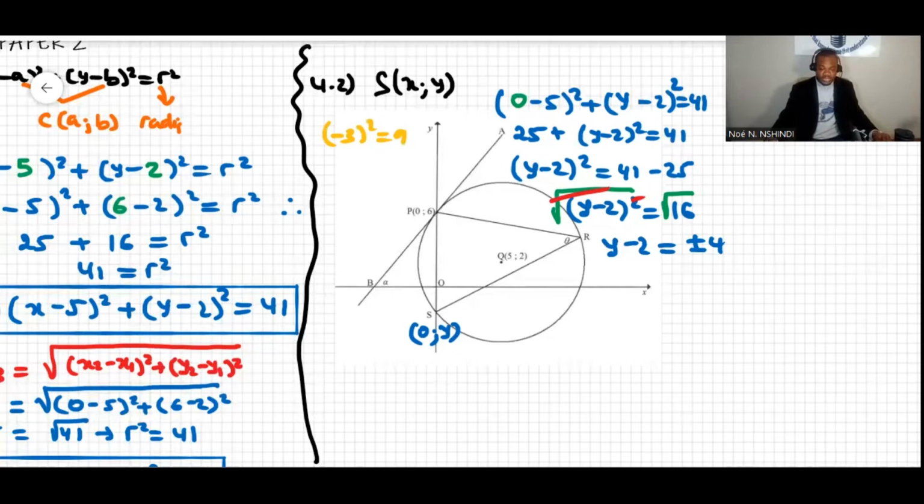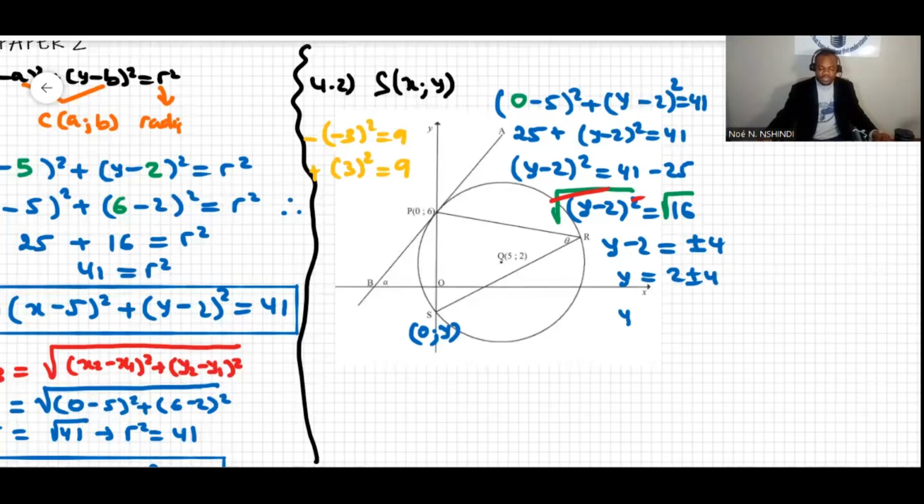If you type it in the calculator you get 9. What about 3 to the power of 2? Positive 3 to the power of 2 is also 9. The reason why within the equation we will always write plus or minus is because this is negative, that's positive. So I write y − 2 = ±4. And then if I move the negative 2 over, that makes 2 ± 4.